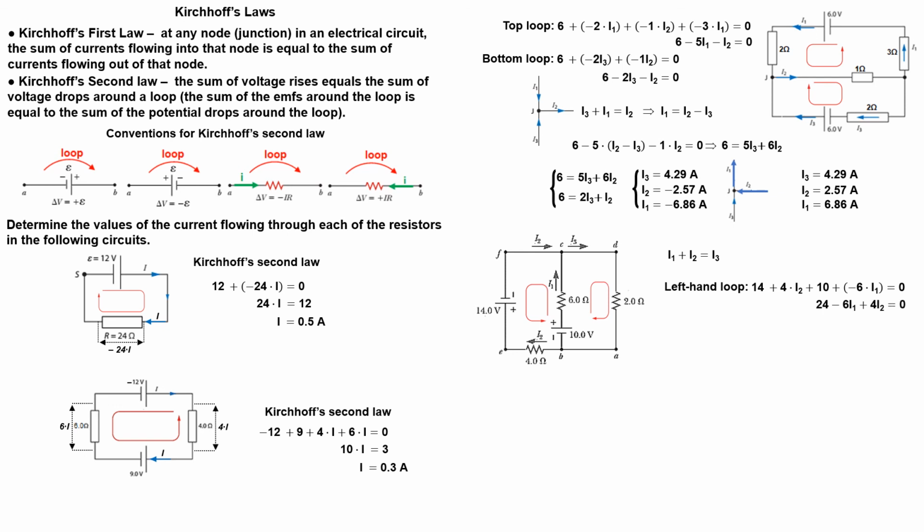Look at the right-hand loop. We traverse the loop in the clockwise direction. Applying Kirchhoff's second law, we obtain the equation. We now replace the current 3 with current 1 plus current 2.